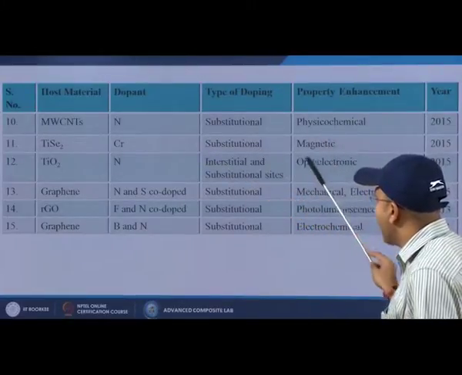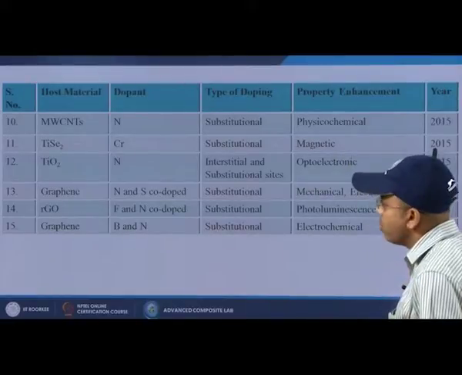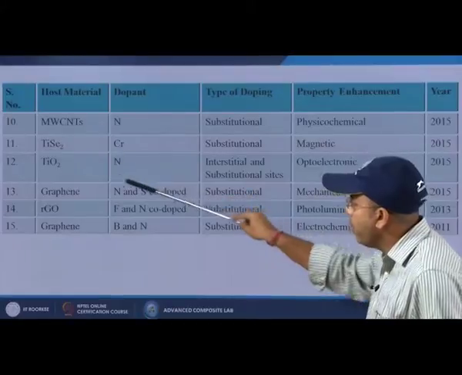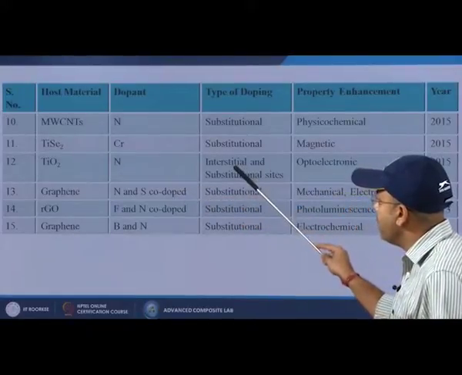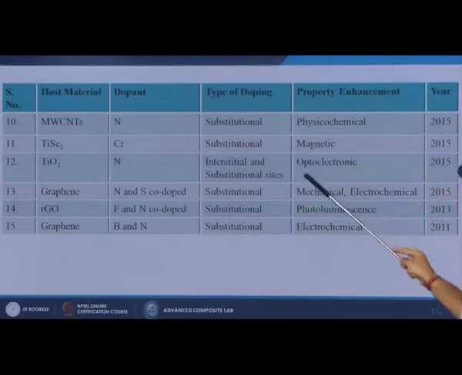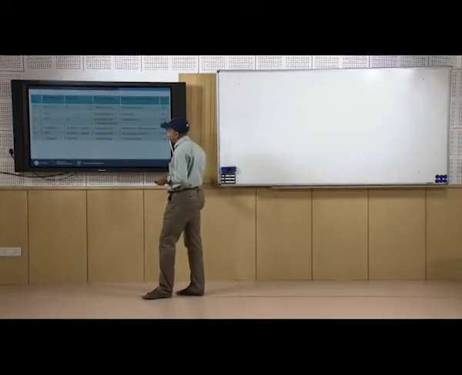It is increasing the magnetic properties, done in 2015. Then titanium oxide, where nitrogen doping has been done, which may be at interstitial and substitutional sites. Then the optoelectronic properties of that particular material are increased, which was done in the year 2015.